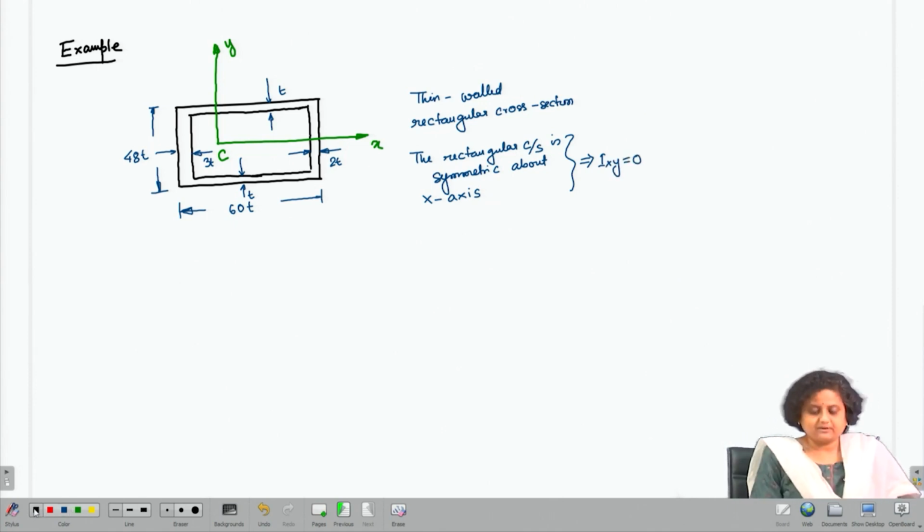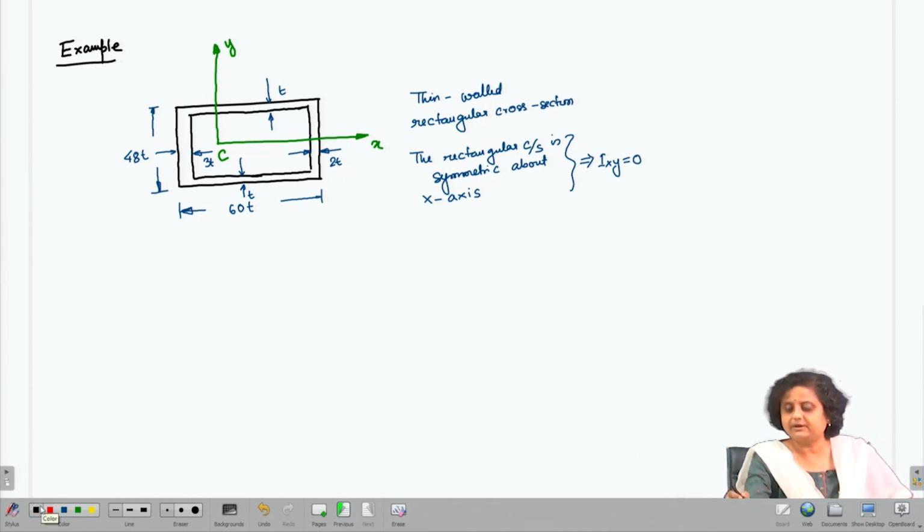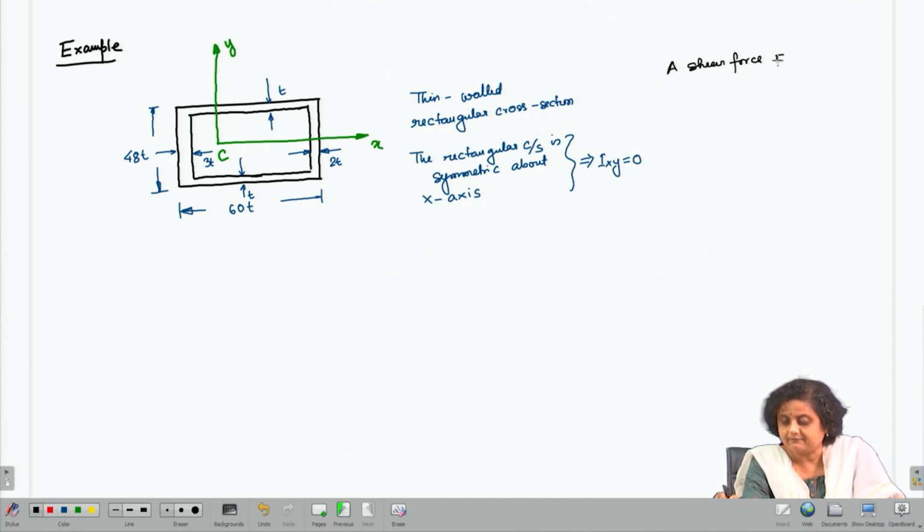Now, the problem statement says that a shear force F along y direction is applied through the shear center of the cross section.